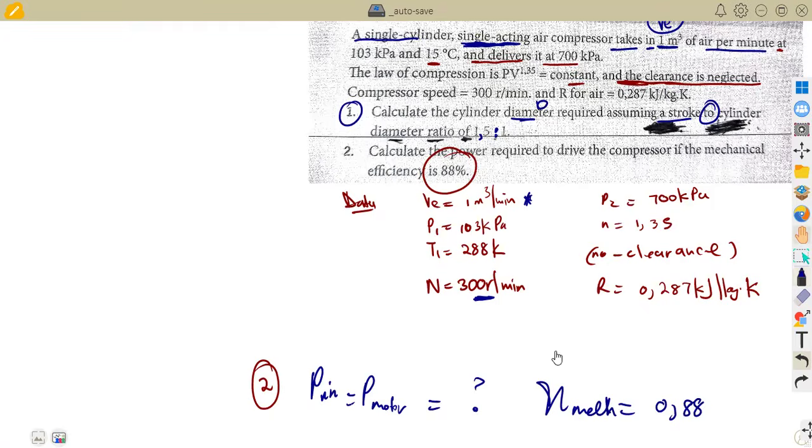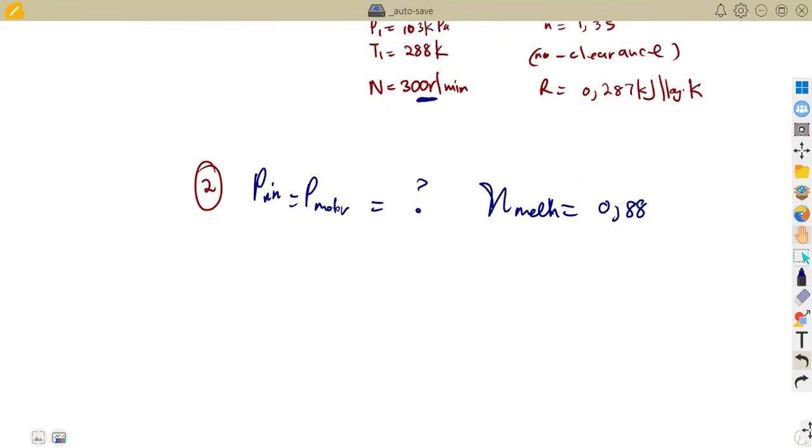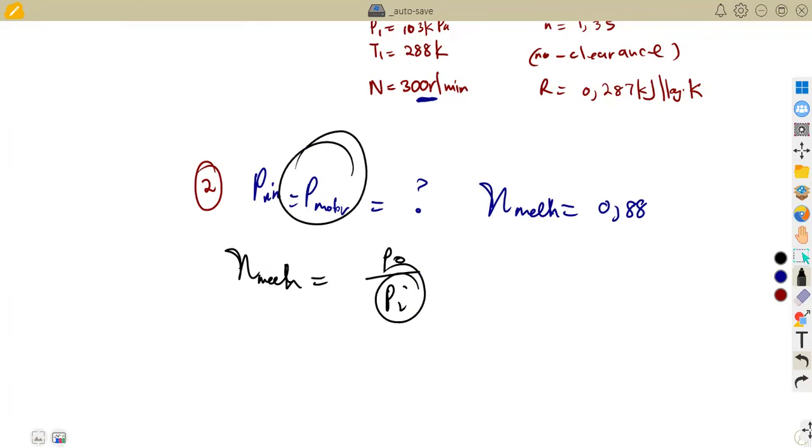But this must be taken from the formula that the mechanical efficiency is equal to the output over the input power, where you have the output from the normal formula and the input as the P motor, which is the one that we want, the power to drive the compressor.